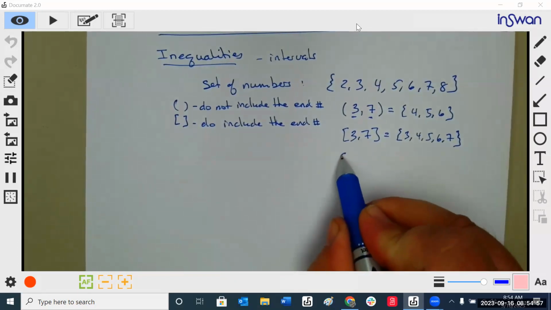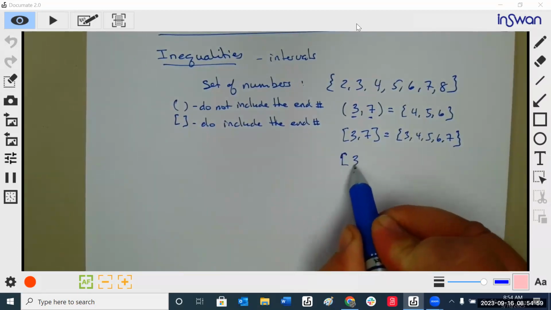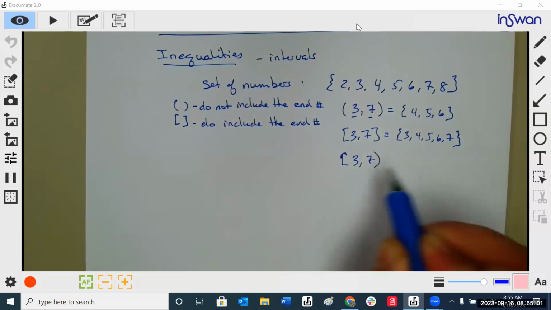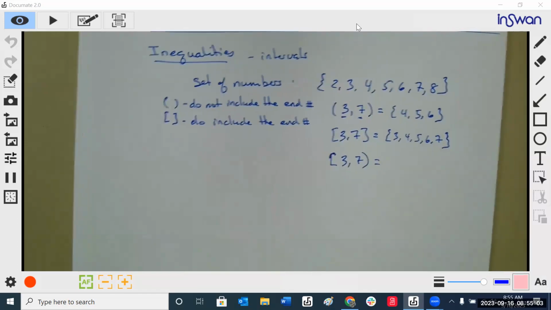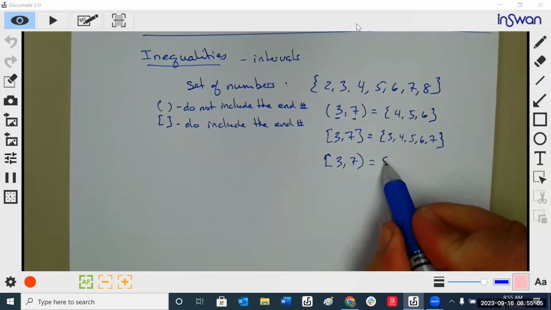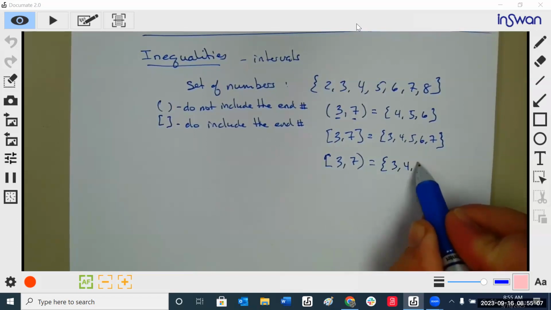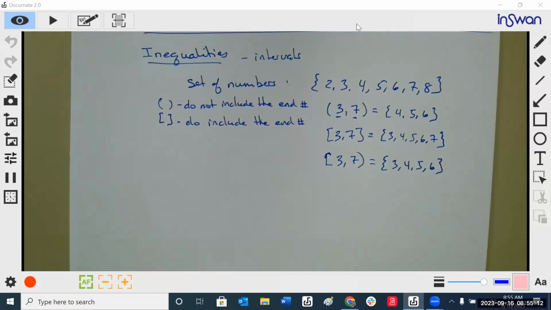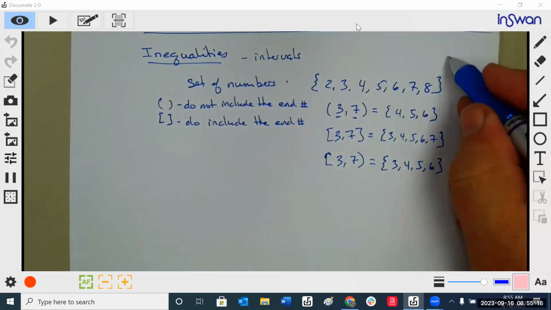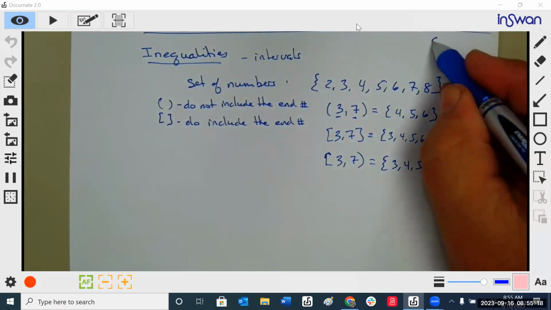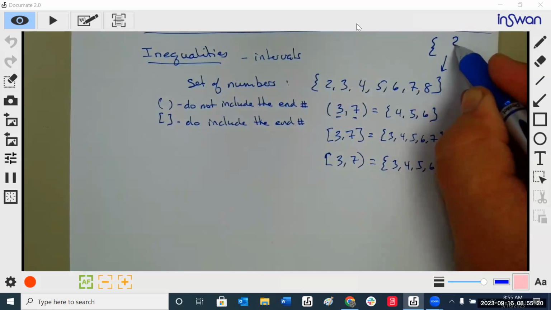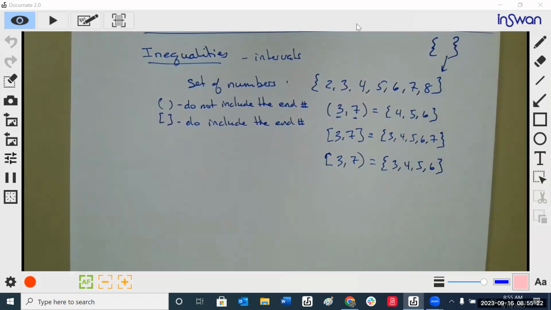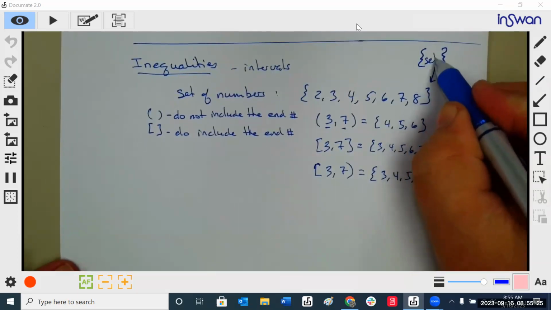And again, we can have combinations of these things. So the answer here is 3, 4, 5, 6. Now, whenever we're talking about sets of numbers, we have to use these squiggly brackets. That describes a set of numbers.